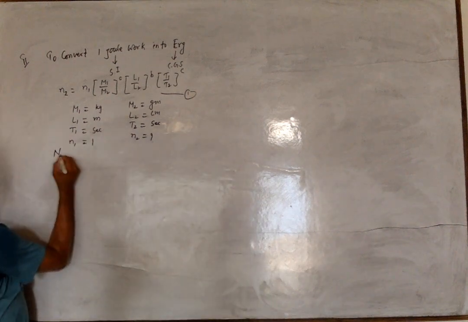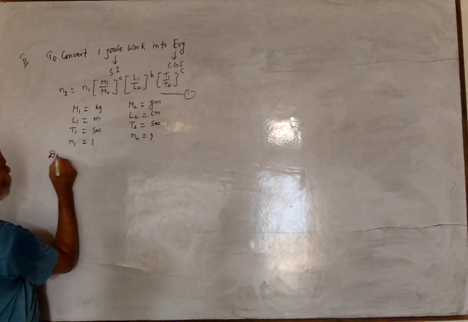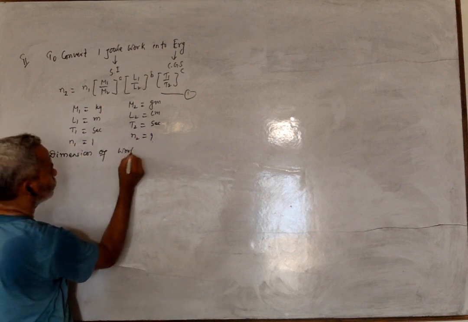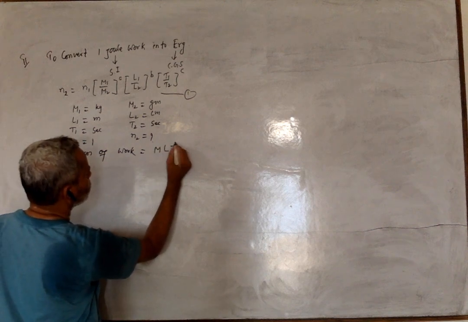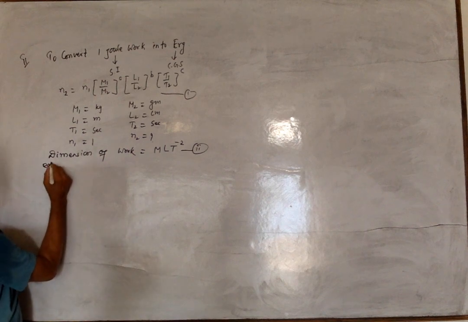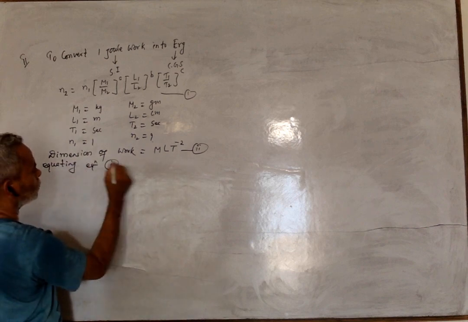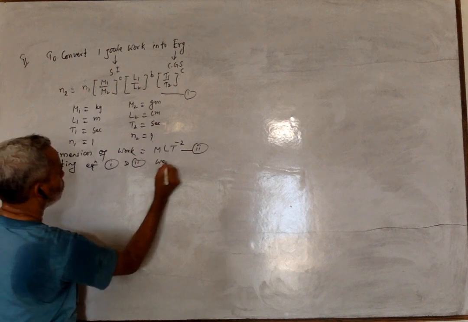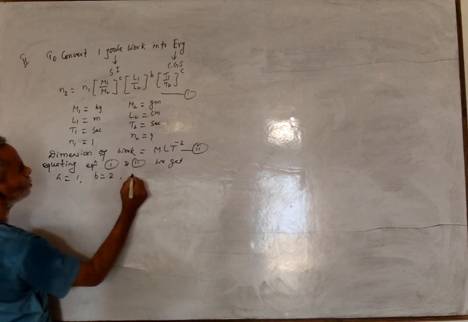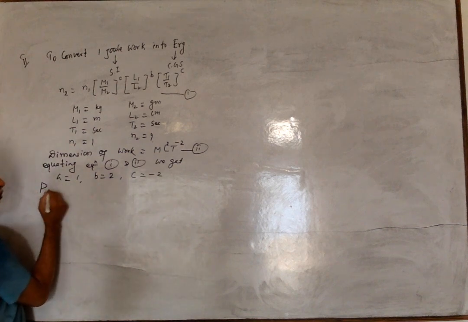Now write the dimension of the converting quantity, that is work. The dimension of work is ML squared T to the power minus 2. Equating equation 1 and 2, we get a equal to 1, b equal to 2, c equal to minus 2.